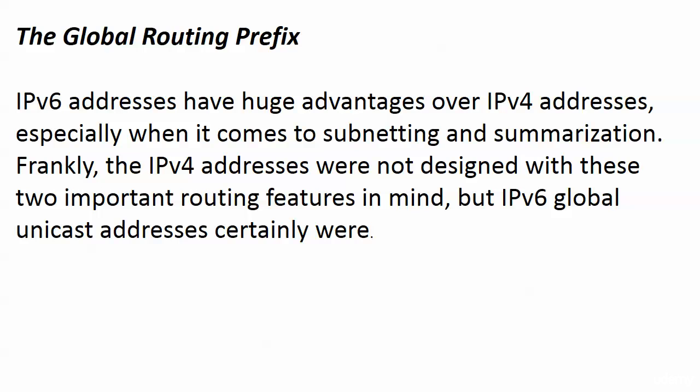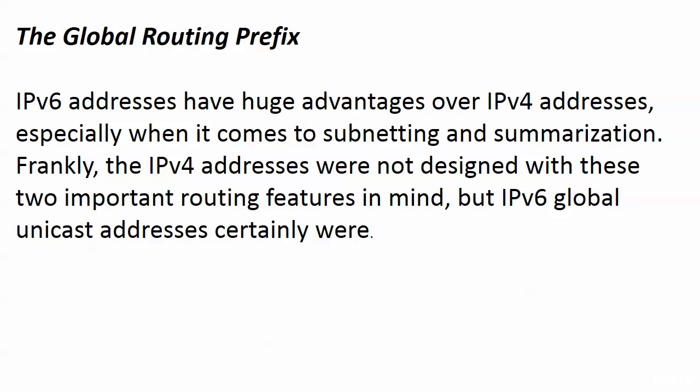So we really like that, because what do we always want to do with our routing tables? Keep them complete and concise. And the conciser we can keep them, the faster the overall routing goes. And the reason I mentioned this here, and I believe in the previous video, is that version 4 really wasn't developed with subnetting and summarization in mind. You can do it. We've already done the subnetting.